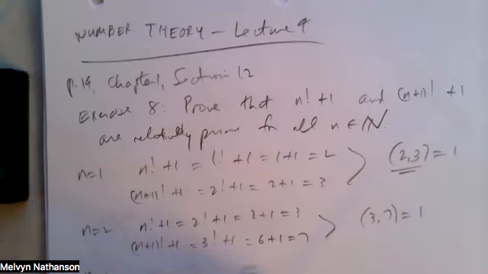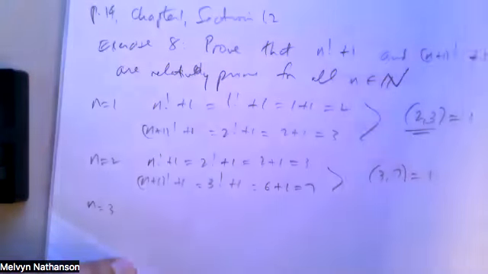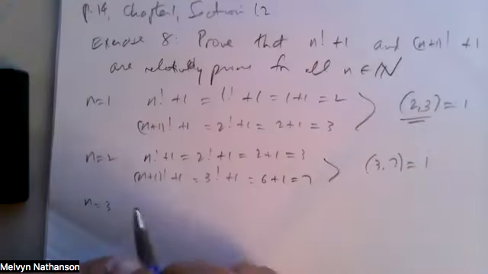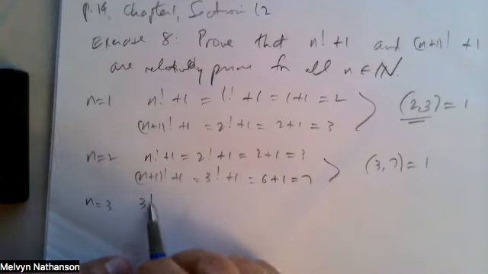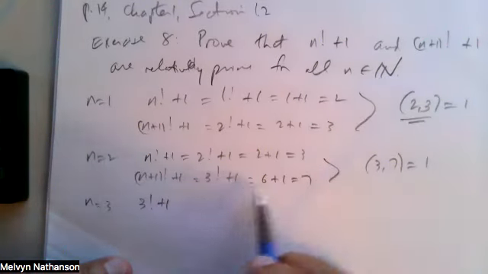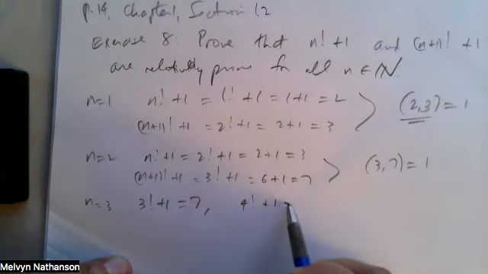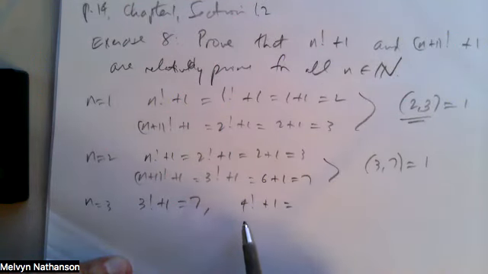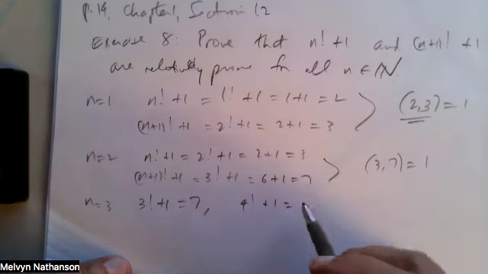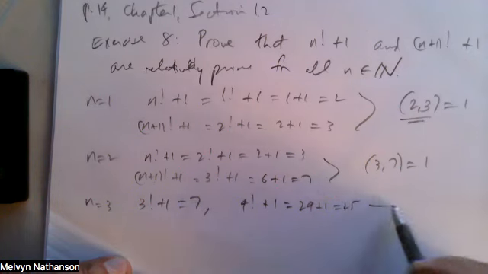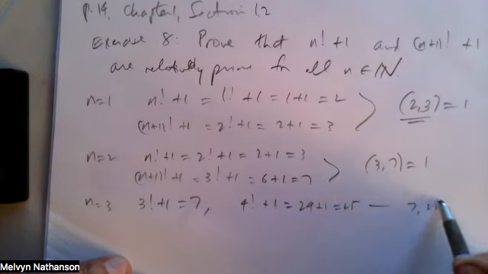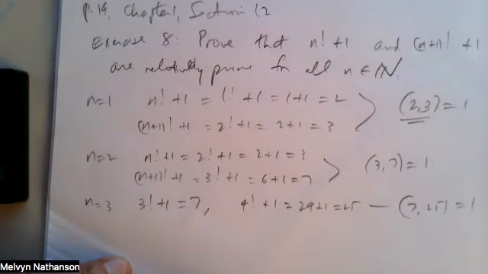What about n equal 3? So 3 factorial plus 1, we just saw, is 7. 4 factorial plus 1. 4 factorial is 1 times 2 times 3 times 4. That's 24 plus 1, or 25. And 7 and 25 are relatively prime.